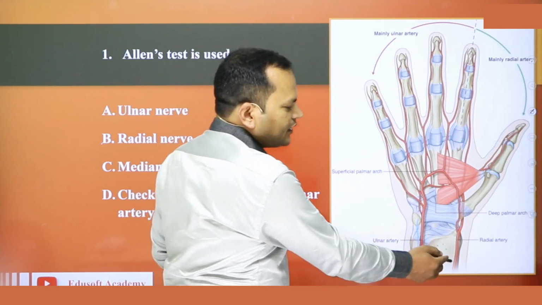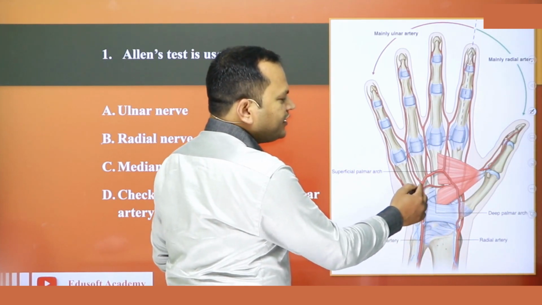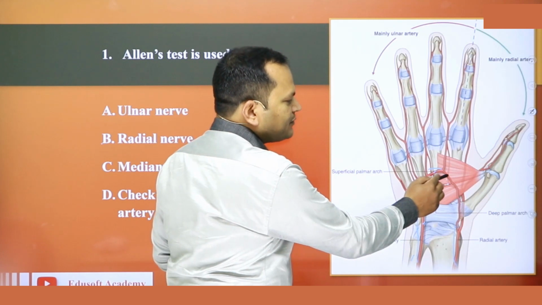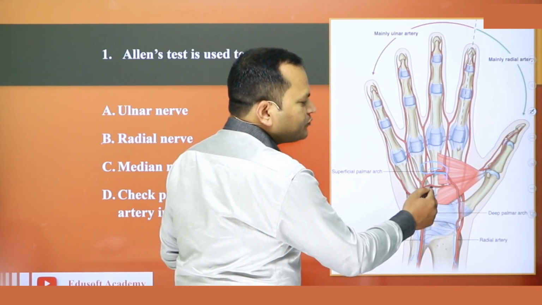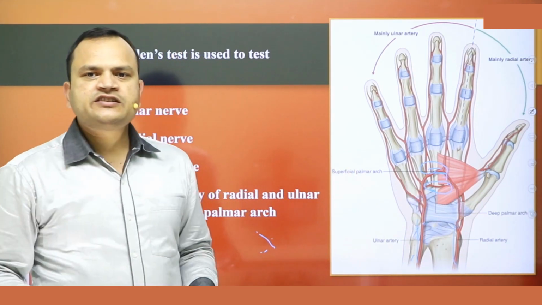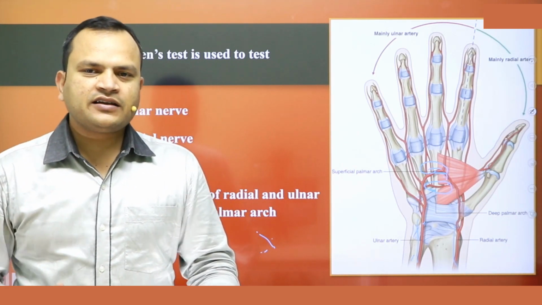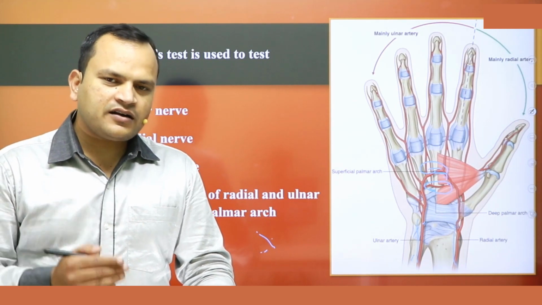If you see, this is the ulnar artery, the radial artery, and this ulnar artery forms the superficial palmar arch as seen here, and the radial artery mostly contributes to the deep palmar arch. The superficial palmar arch is more distally situated and the deep palmar arch is more proximal and lies underneath the muscle.